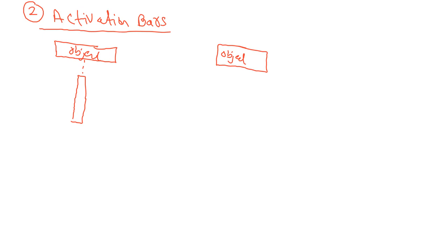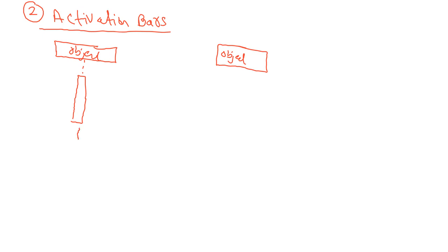Suppose you have one object here and another object here. As I have told you, an activation bar is a box placed on the lifeline. This is the lifeline, so in this lifeline you will place a box like this.